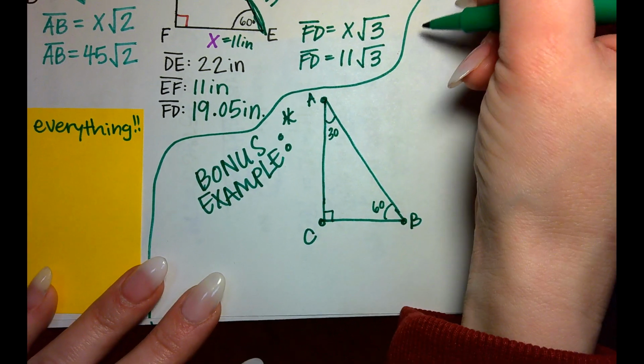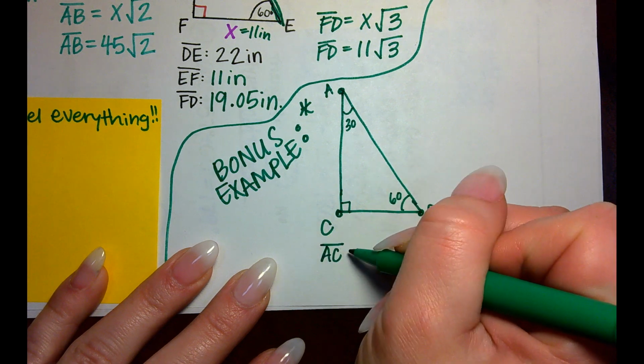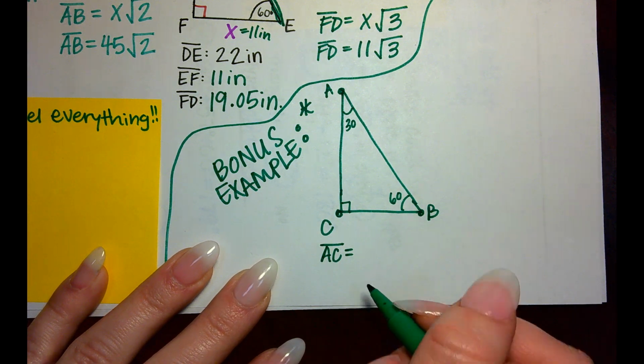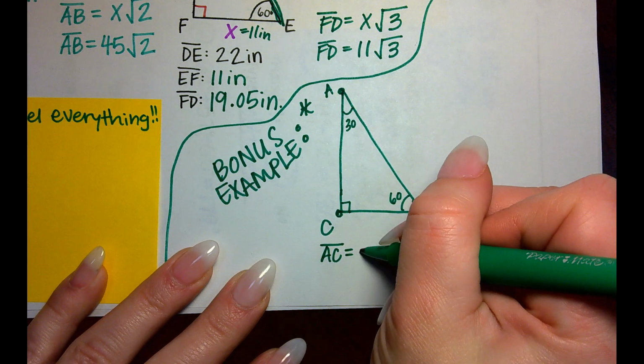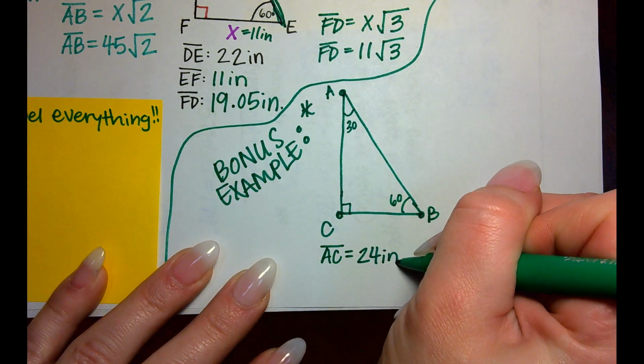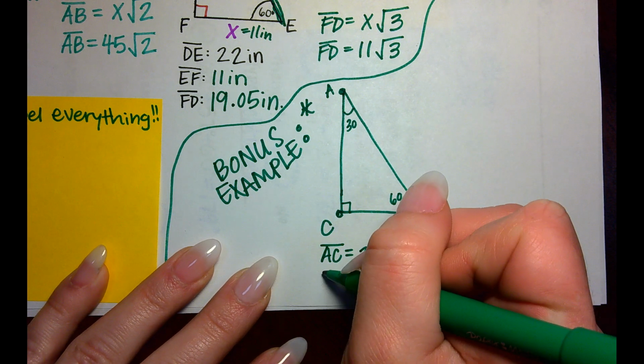And it might tell you something like this, like AC equals, let's see, 24 inches. So then you would need to find AB and CB.